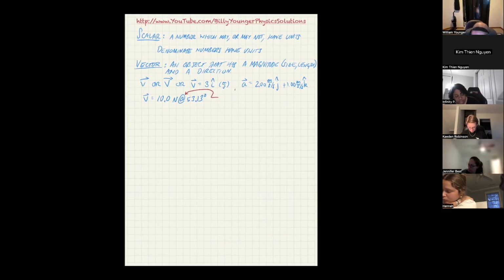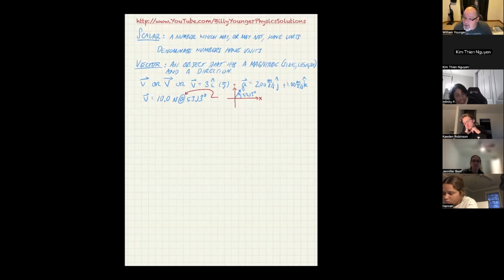You have an x-axis, a y-axis, and you could have, for instance, the v vector like that. And what that at 53.13 degrees means is this. In other words, you sweep out from the positive x-axis in a counterclockwise direction 53.13 degrees.